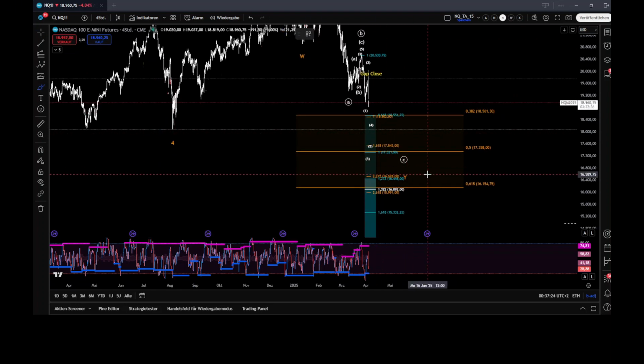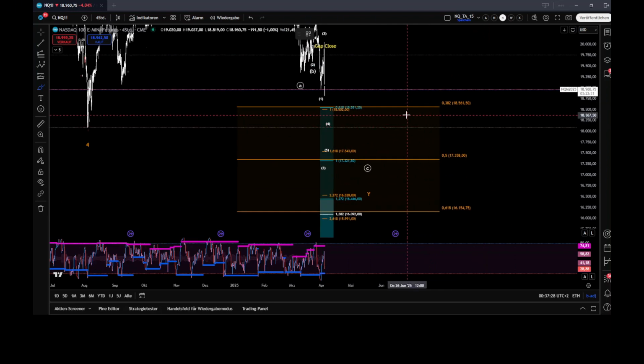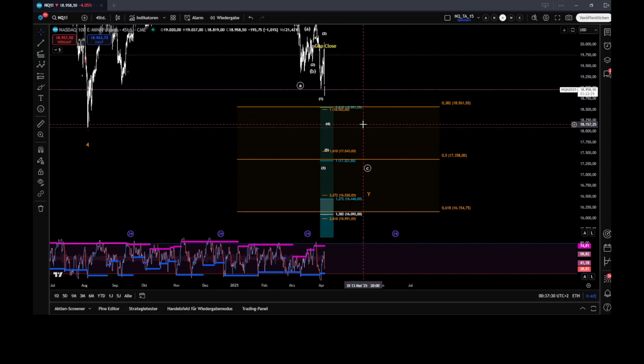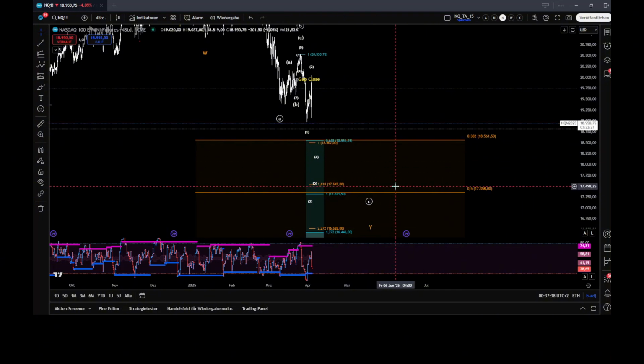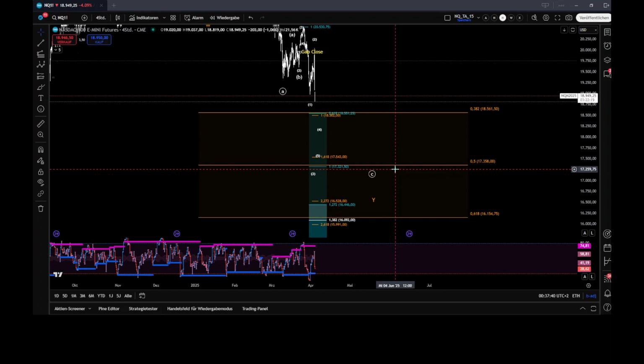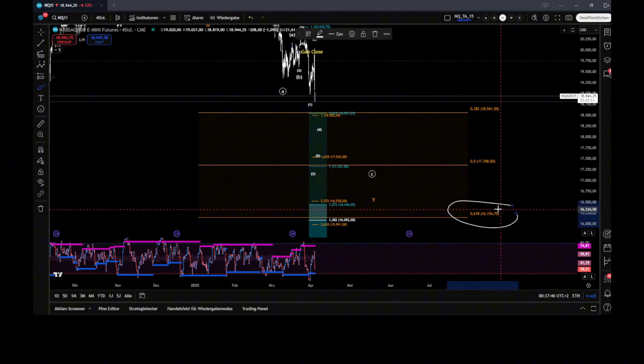So we have targets from, I have to zoom in, I'm blind, 18,591, then we have 17,543, we have 17,321, and then the lower targets, also the 61.8 extension target here possibly at 16,154.